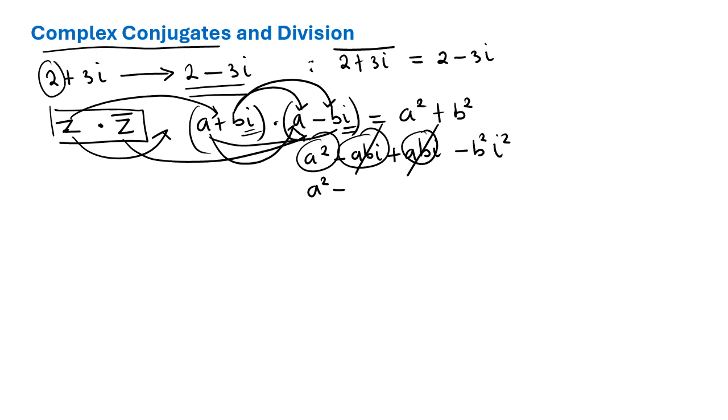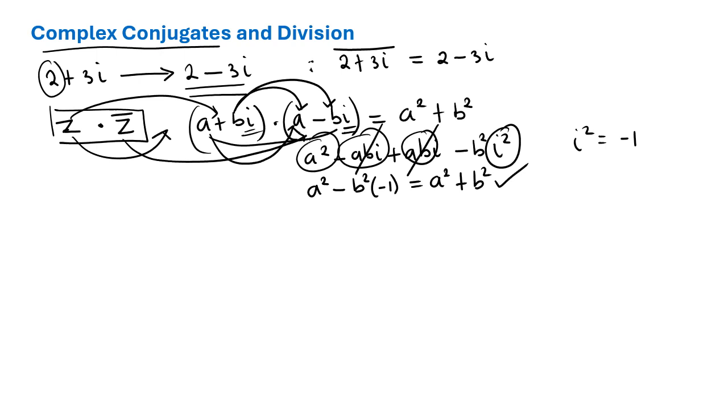So I'm going to be left with negative b squared times i squared, and I know that i to the second power is negative 1, as we showed in our previous lessons. So it'll be minus 1. Now when you multiply, you will see you have a squared plus b squared. So this is how they know that. Every time you multiply a complex number by its conjugate, you always end up with a positive real number.